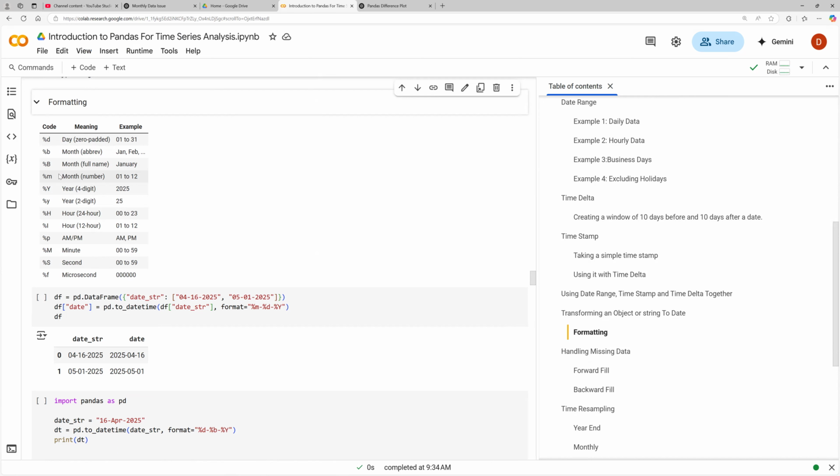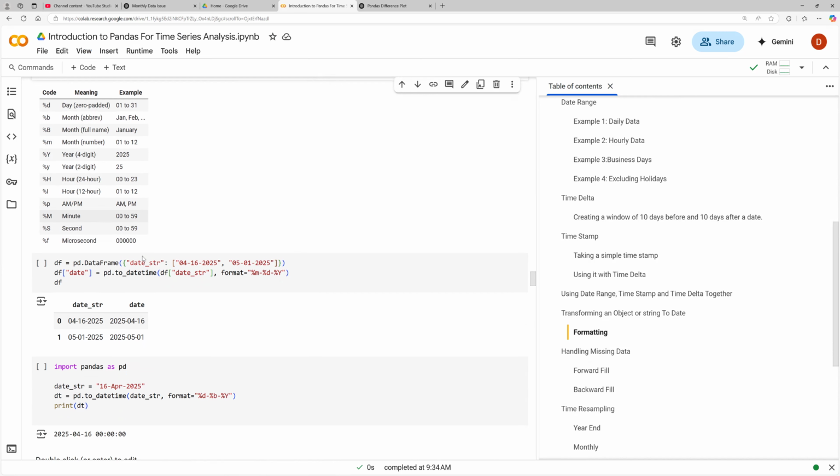Okay, so those are probably two of the factors. Here I just formatted month, day, year. Okay, and we could see that the transformed date is 2025-04-16.